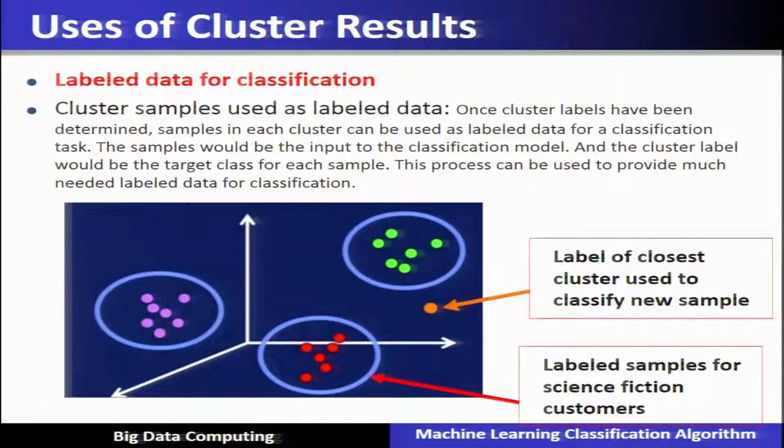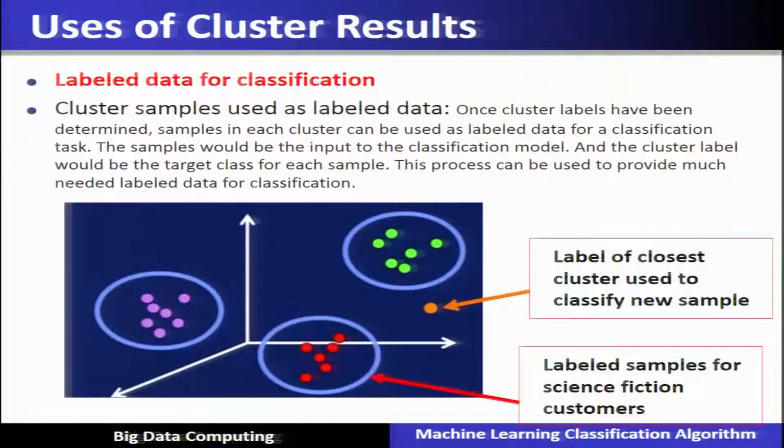Now, labeled data for classification. Cluster samples can be used as labeled data. Once the cluster labels have been determined, samples in each cluster can be used as labeled data for a classification task. The sample would be the input to the classification model, and the cluster label would be the target class for each sample. This process can be used to provide much needed labeled data for classification.